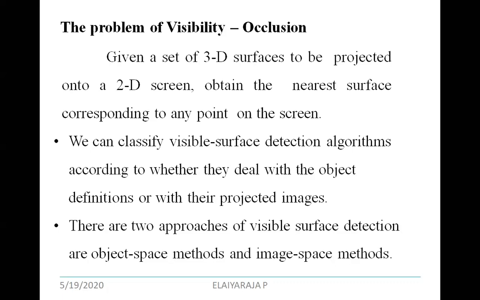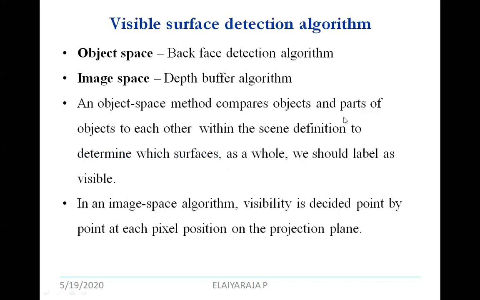So there are two approaches of visible surface detection: one is the object space method, another is the image space method. Based on this, we are going to discuss various algorithms.